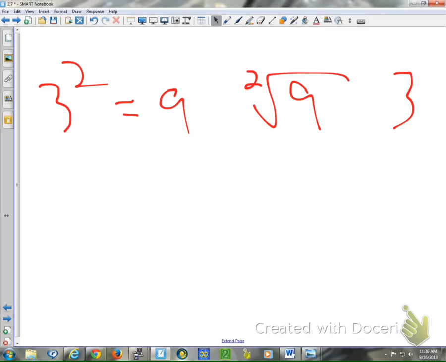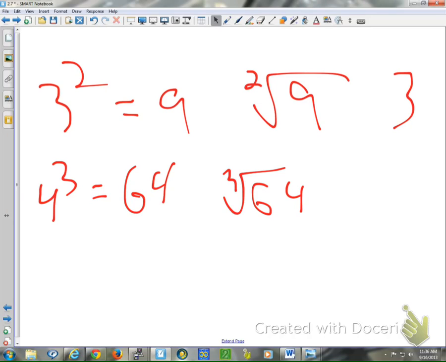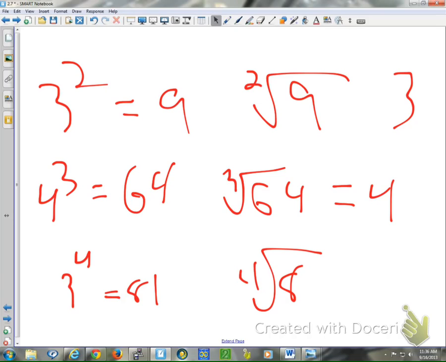They're exact opposites of one another. What's 4 to the third in your calculator? 64. What's 64 to the third root? Or basically, you could just raise 64 to the 1/3. 4. They're exact opposites. So when we found that 3 to the fourth was 81, we could then deduce that the fourth root of 81 was 3, which is why we could pull that 3 out.